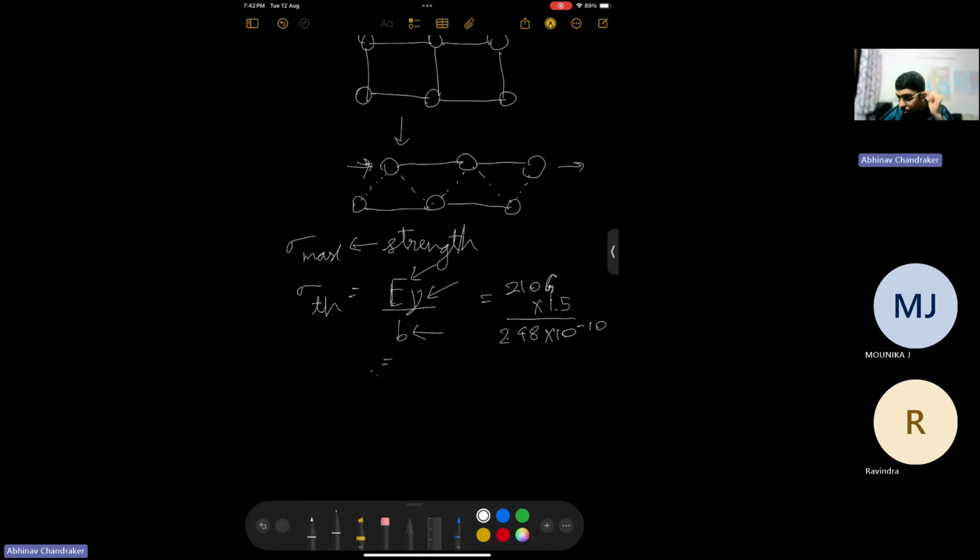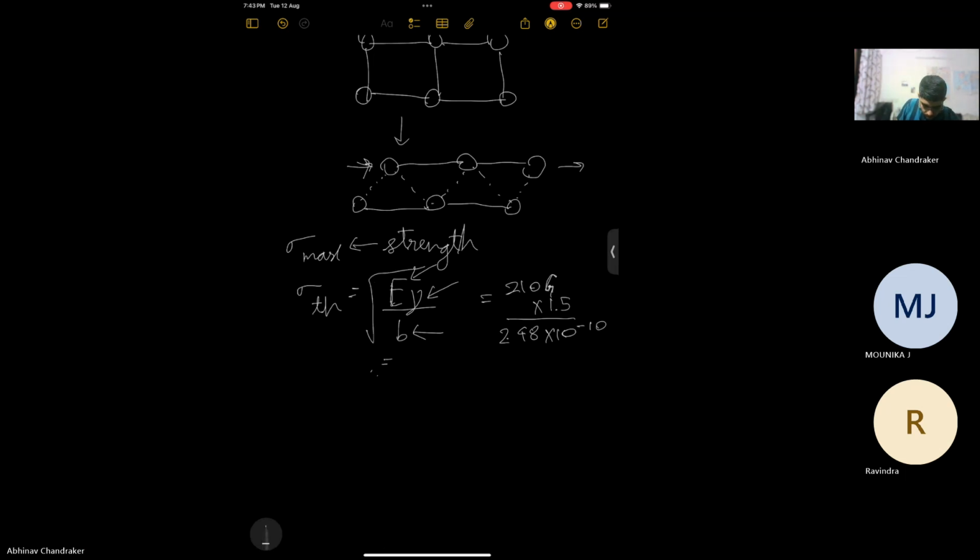Let me do the calculation, 210 into 1.5 by 2.48. Okay, sorry, the formula is slightly different. We have a square root also here. Now it makes sense. This raised to 1 by 2. Otherwise, it will be very high.